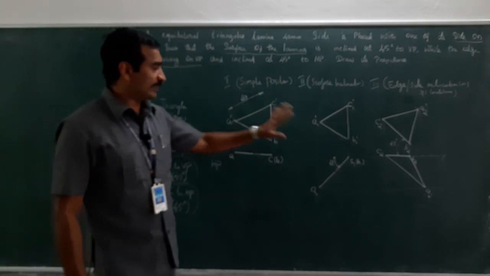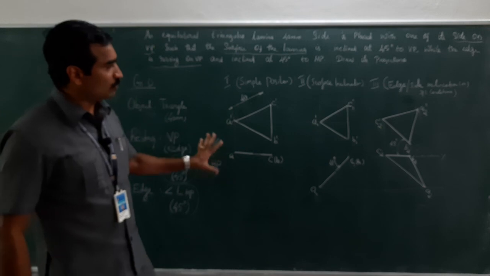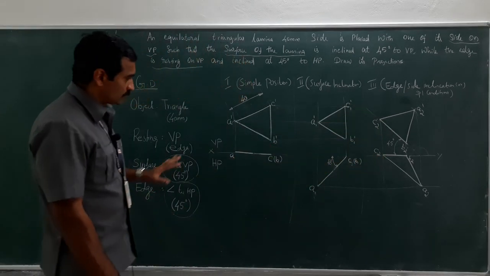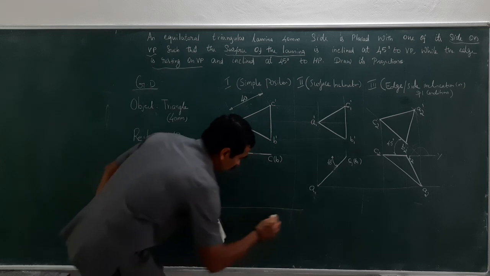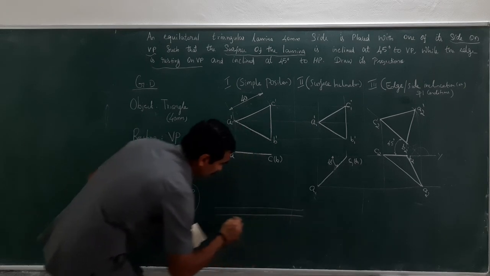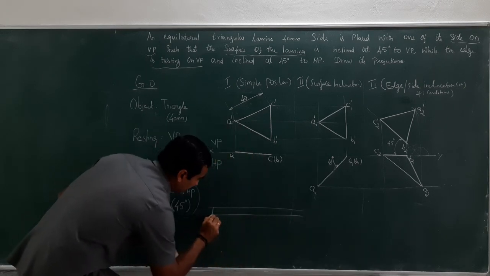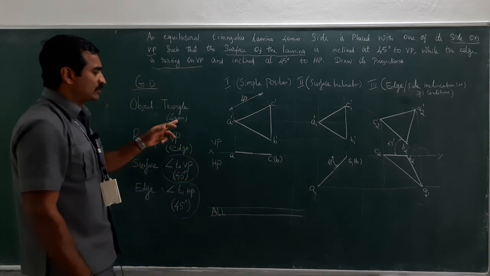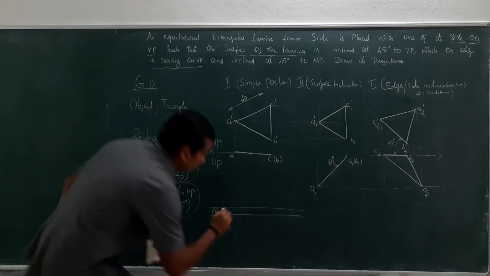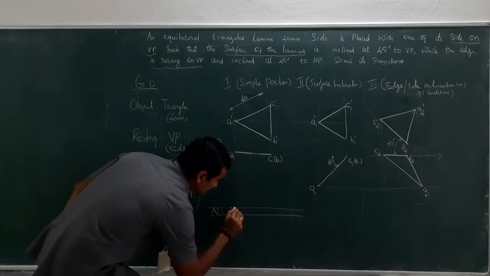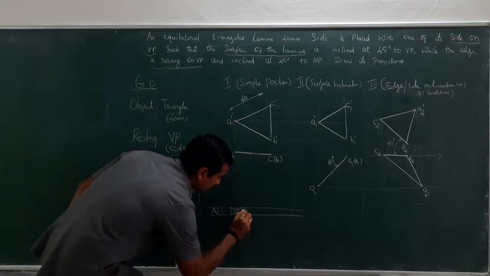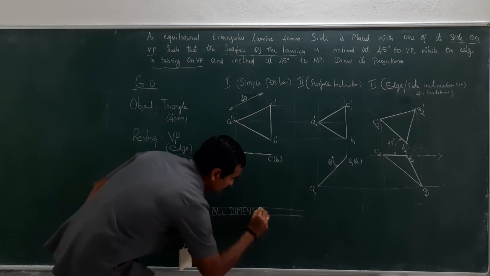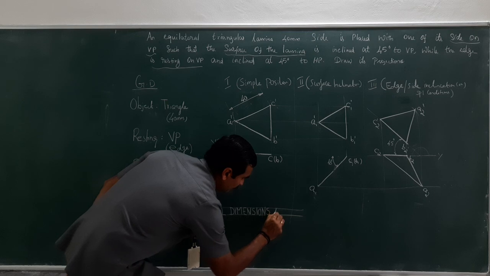What is the next thing you have to do? You have to check whether you have done all six views or not. So next, just open up the guideline of 5 mm thick and mention that all dimensions are in mm, because the dimensions given for the equilateral triangle, whatever they are here, need to be mentioned.